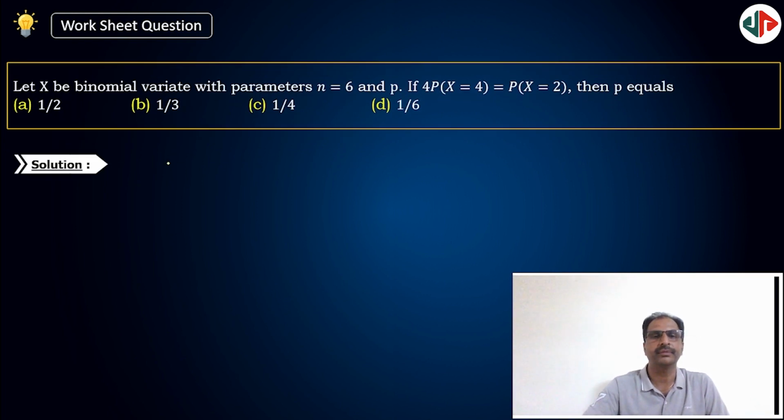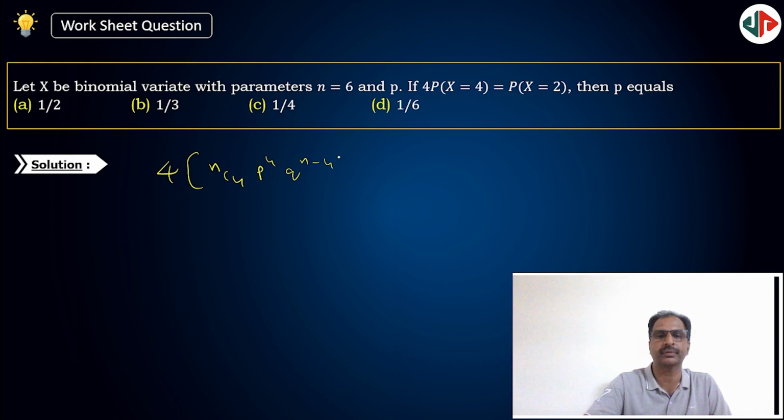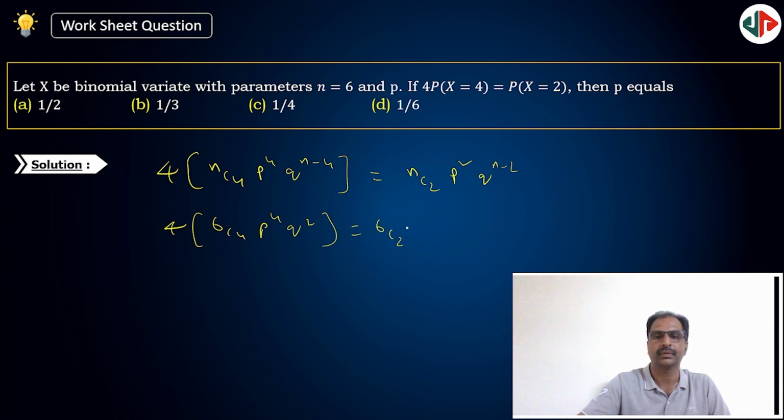X is a binomial variable with parameters n and p. 4 into P of x is equal to 4 is nC4, P power 4, Q power n minus 4. P of x is equal to 2 is nC2, P power 2, Q power n minus 2. Now put n is equal to 6. Both are the same.